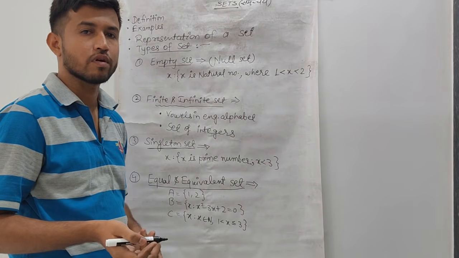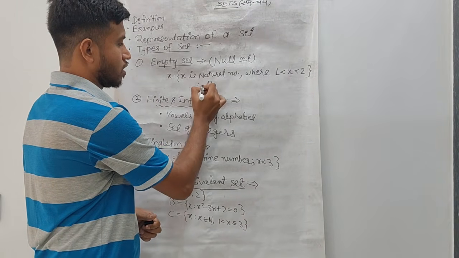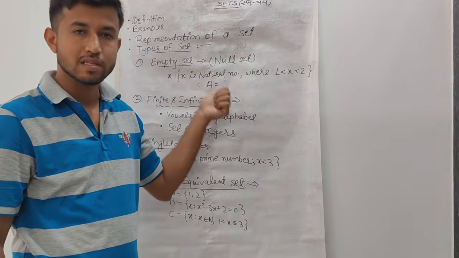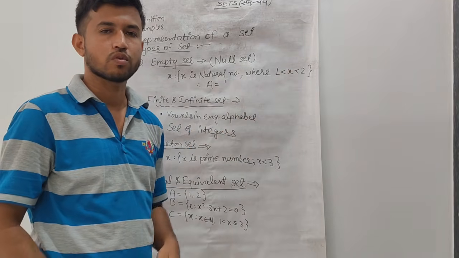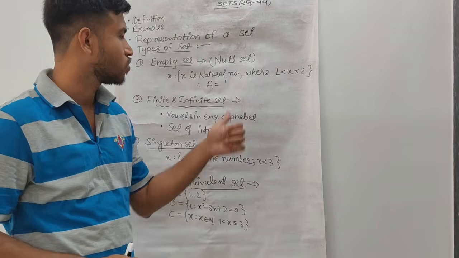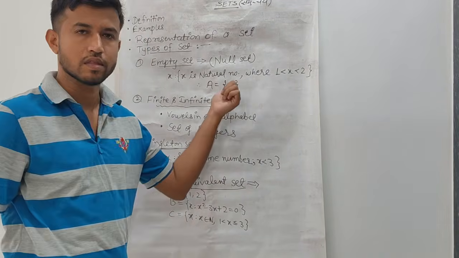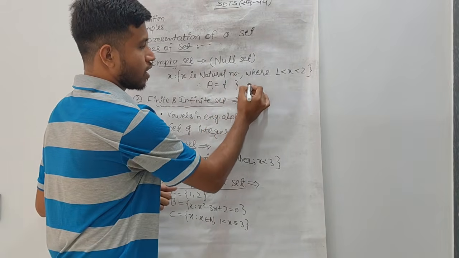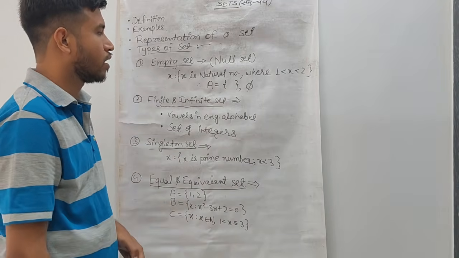Now we will make a set A. Here it is written x is a natural number and x is greater than 1 and less than 2. There is no natural number between 1 and 2, so this set will be empty. This is the representation of an empty set, or we can write it as phi.